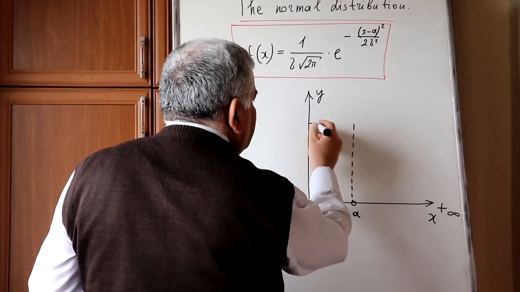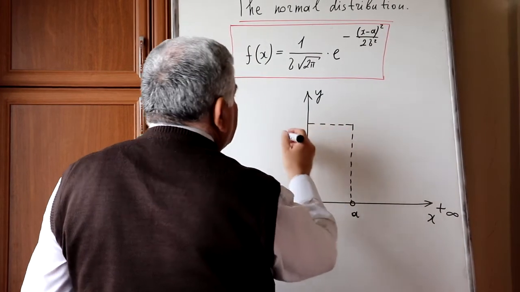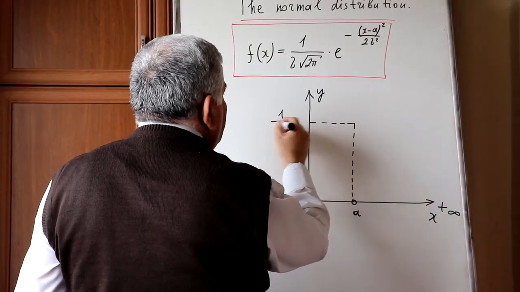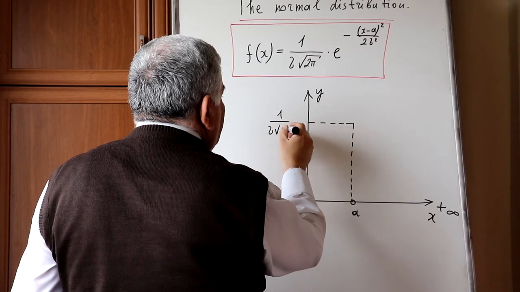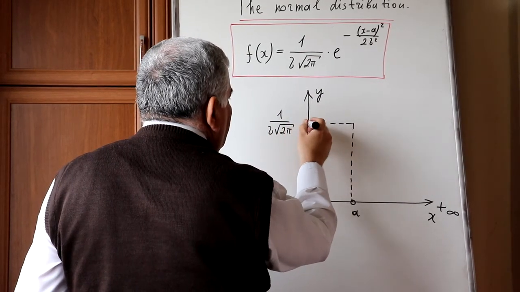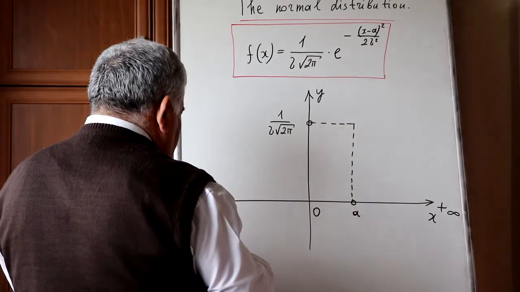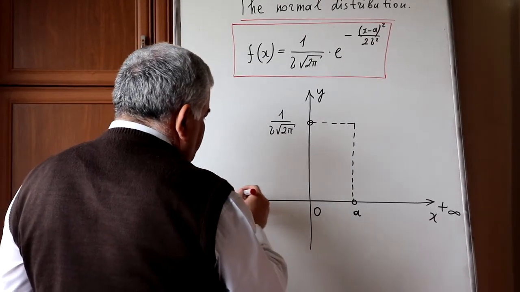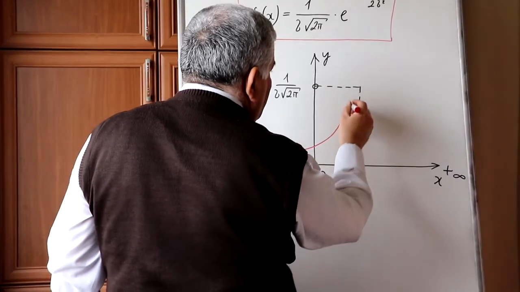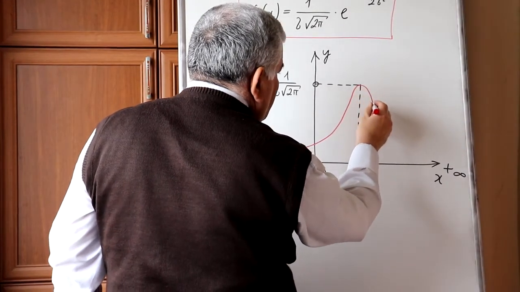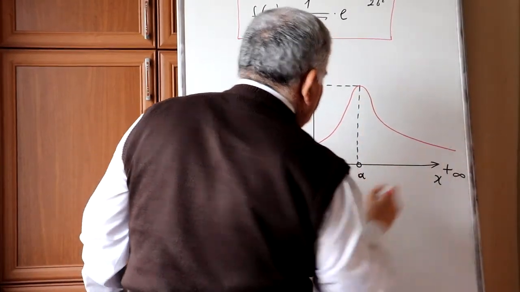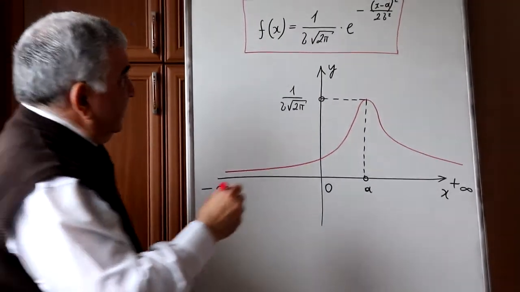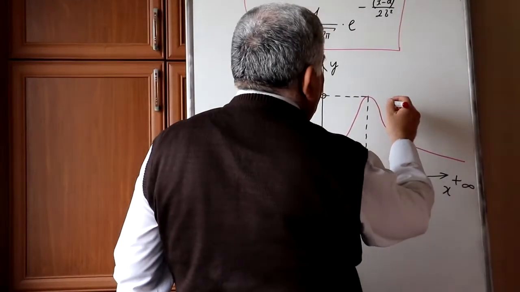The corresponding value of the function is 1 over sigma square root of 2 pi. And then construct the graph itself.